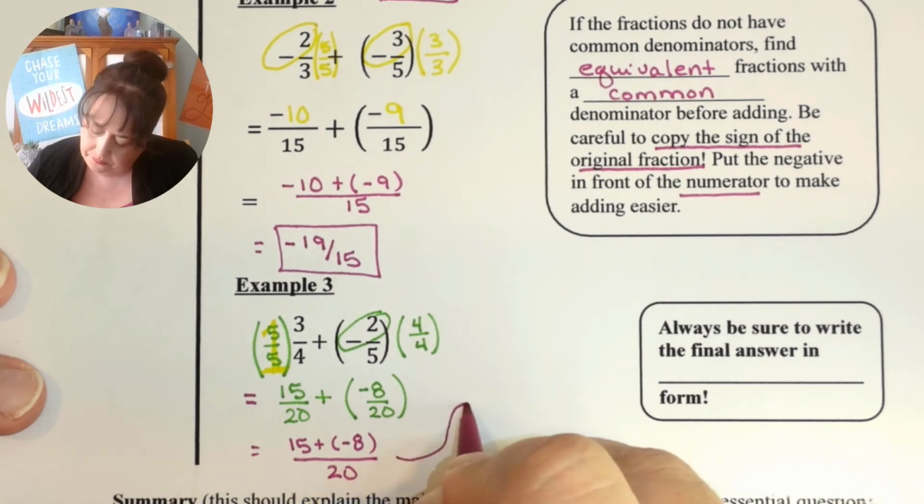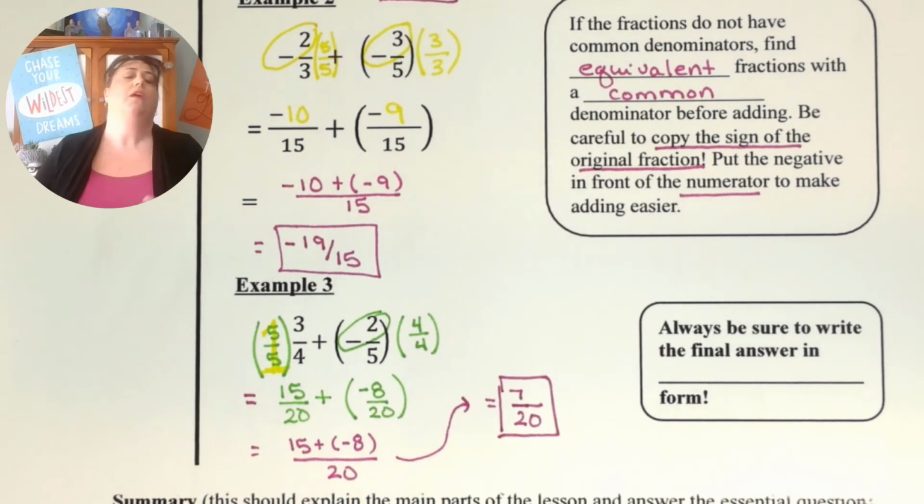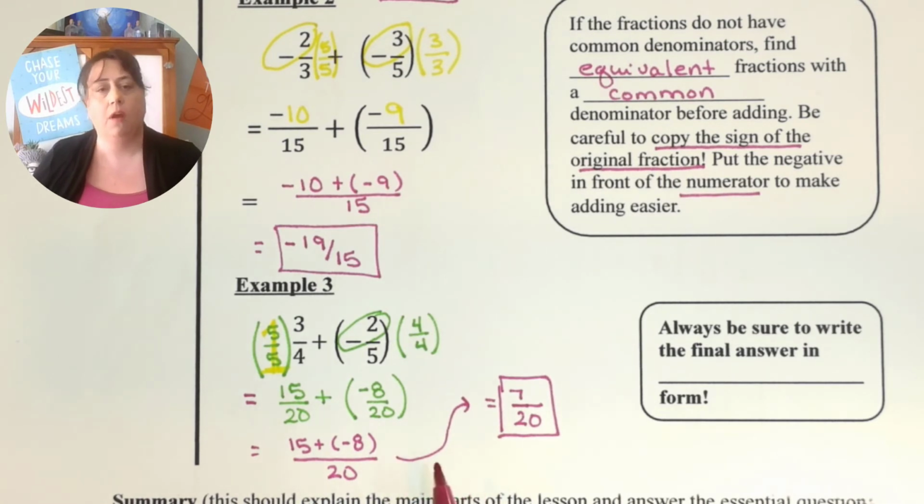My answer is 7/20. So if you're still learning and need practice with your integer rules, remember when you're going to do your integer part right here, because that is integer addition, you can always use your number lines, your counters, or your scorecard method.